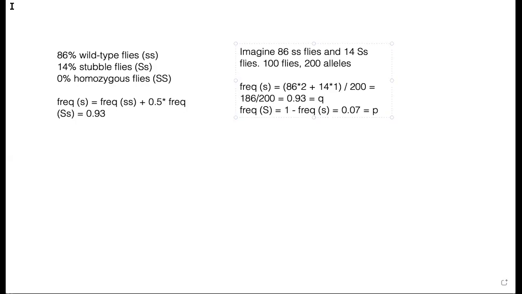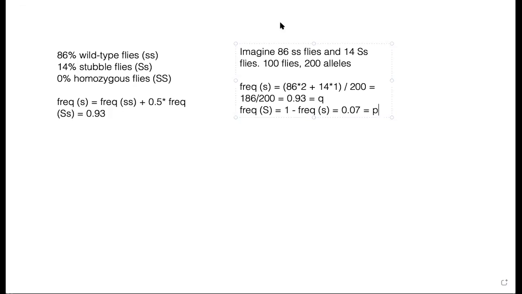It actually doesn't matter whether we use p for dominant and q for recessive or the other way around. It doesn't matter which one's dominant and which is recessive, or even if any of them are. I often assign p to the dominant allele frequency and q to the recessive allele frequency, but it's not important. You should get the same answer regardless.